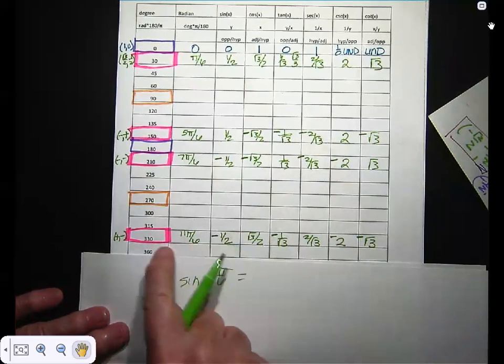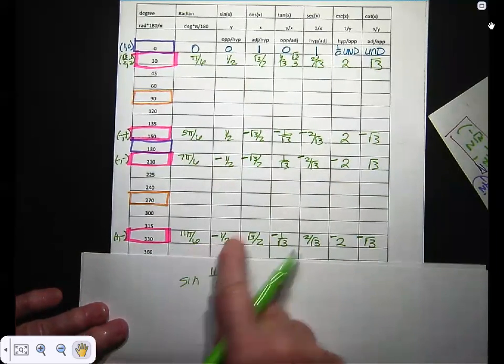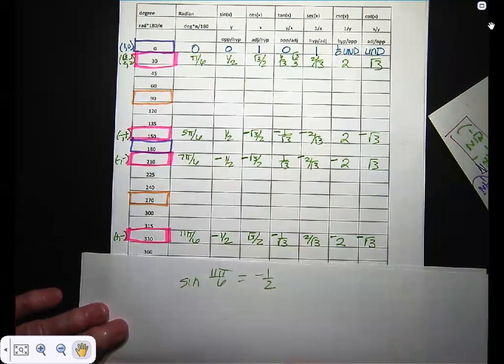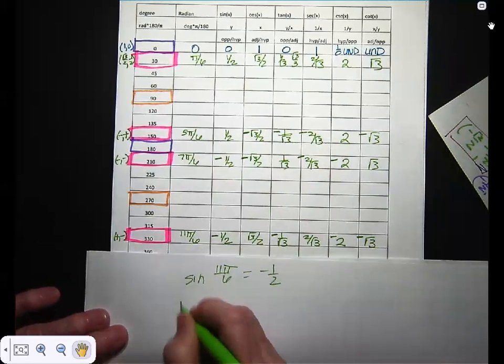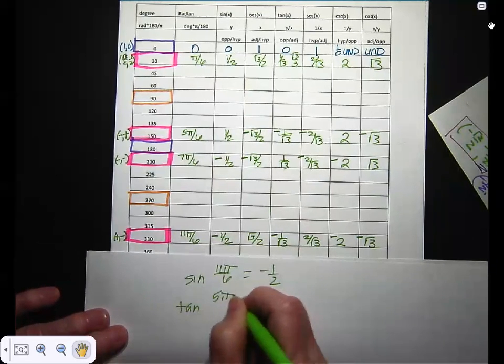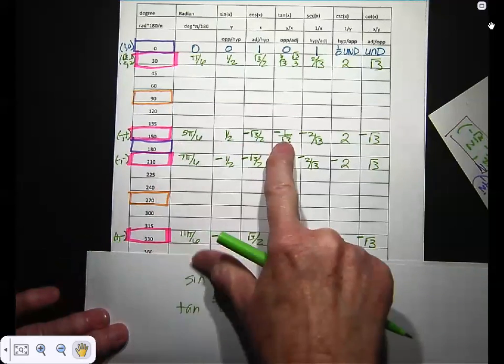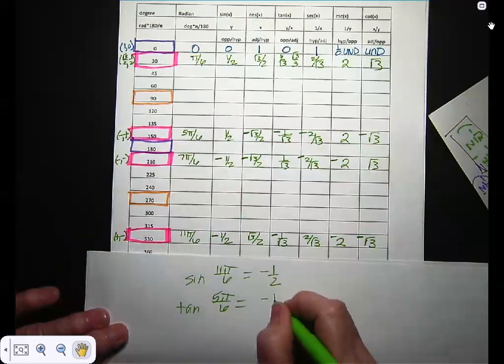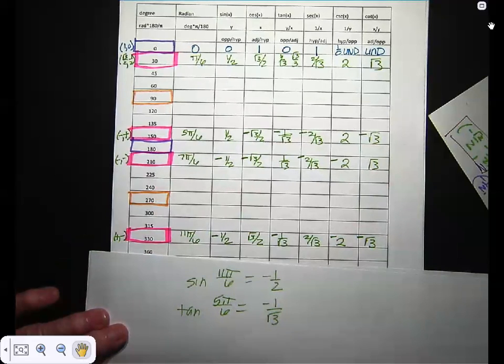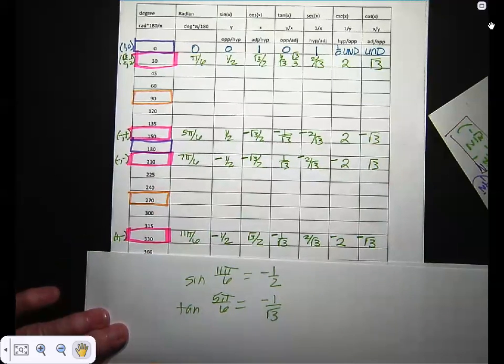So I could look at this chart, 11 pi over 6, here's sine, negative 1/2. What is going to be the tangent of 5 pi over 6? So I look for 5 pi over 6, tangent is here, so you would say negative 1 over root 3. So that's the goal of what we're doing.